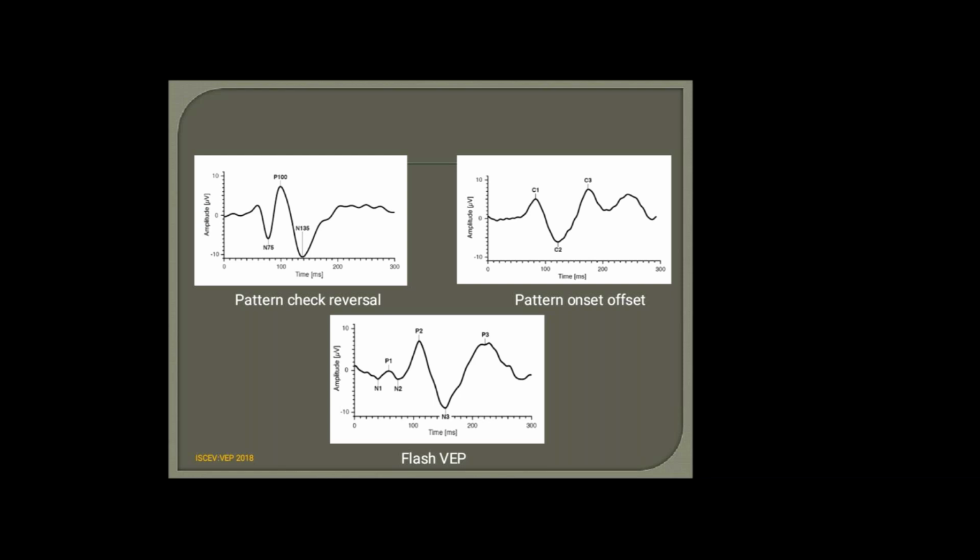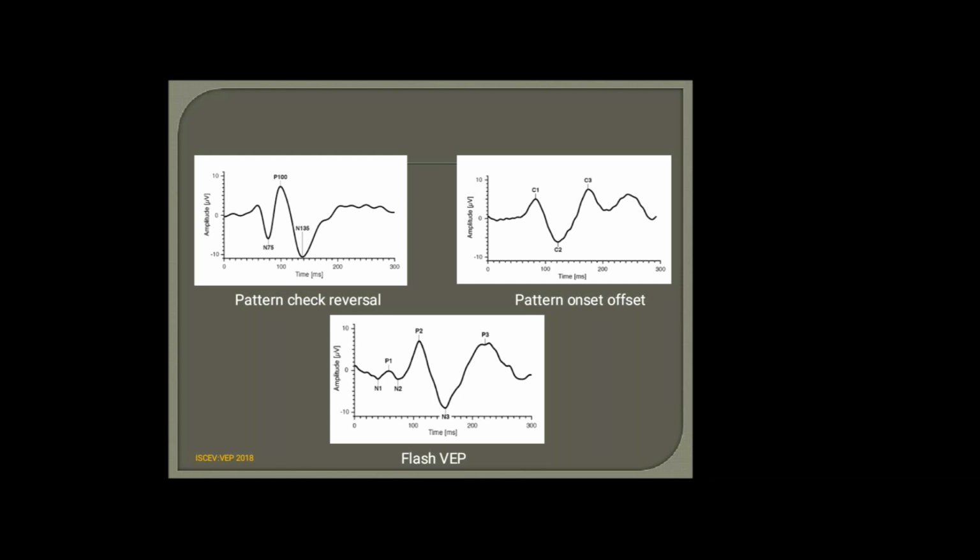Now, on the other hand, if a patient cannot see well, and it is justified that the patient has a problem, then your flash VEP would be helpful, because flash is done when your patient cannot see anything.